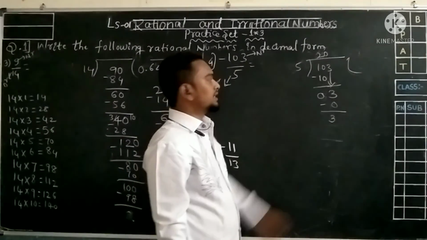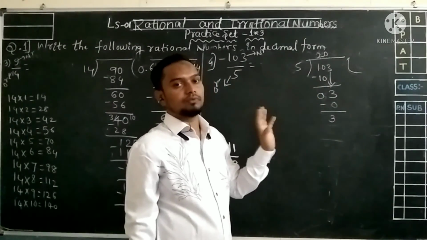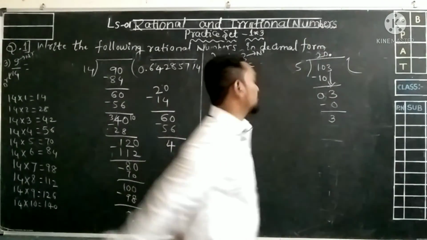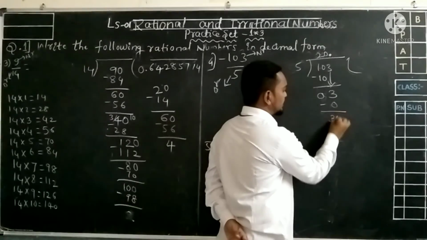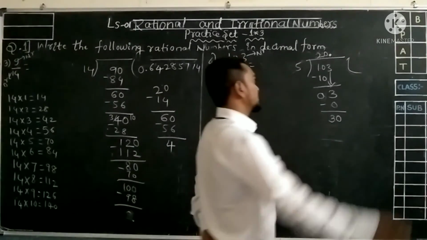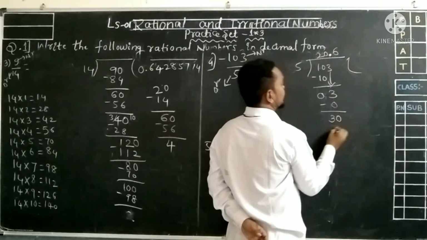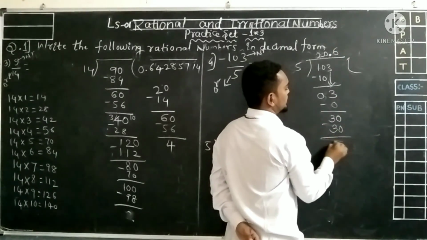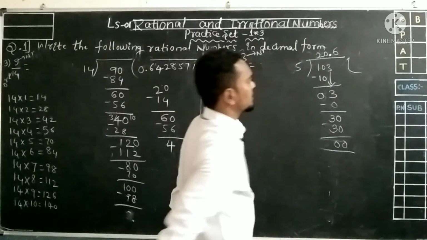Now we will put a decimal point. Decimal point means now we will put a 0 here. 5 6s are 30. 30 minus 30 is 0.